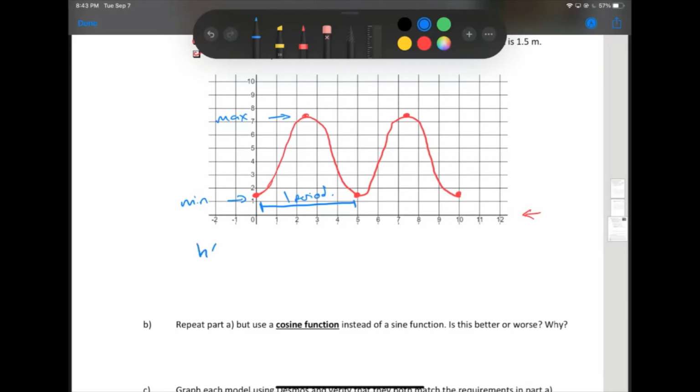Well, my height at time is going to be something, and we said it wanted to be a sine function, so let's do a sine function: something x something something. Okay, we don't have to do this, but the rest position is nice to look at. Since it goes from 1.5 to 7.5, that's a difference of 6. So halfway up would be 4.5.